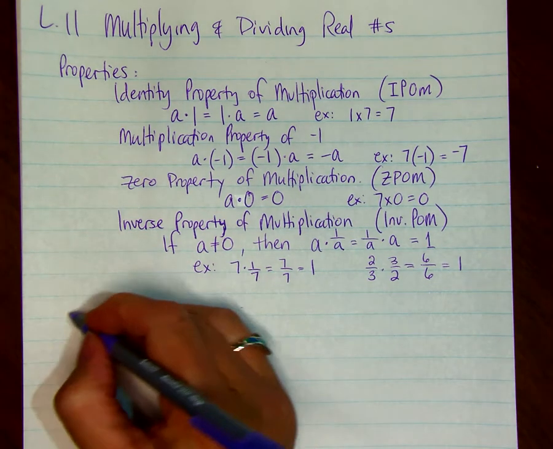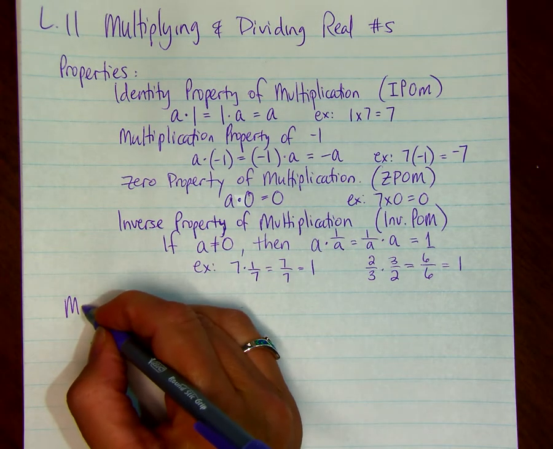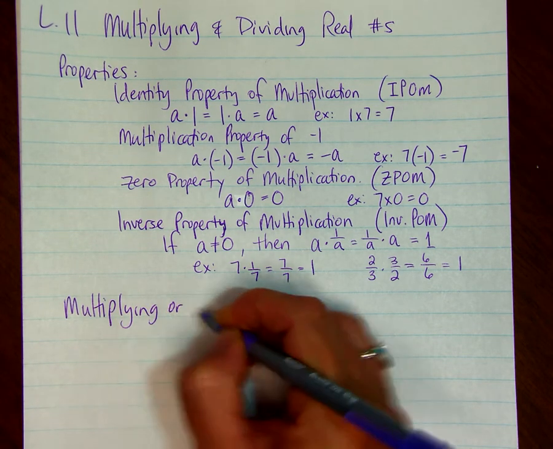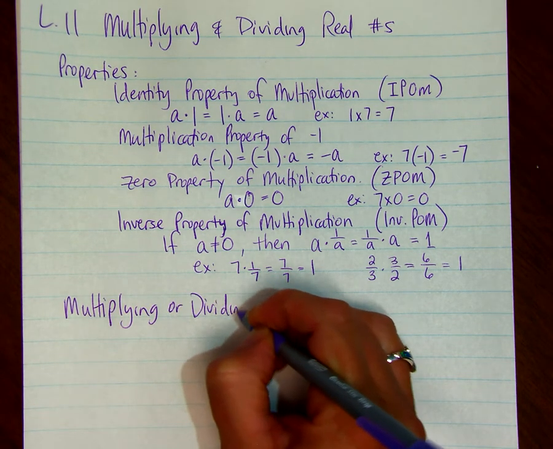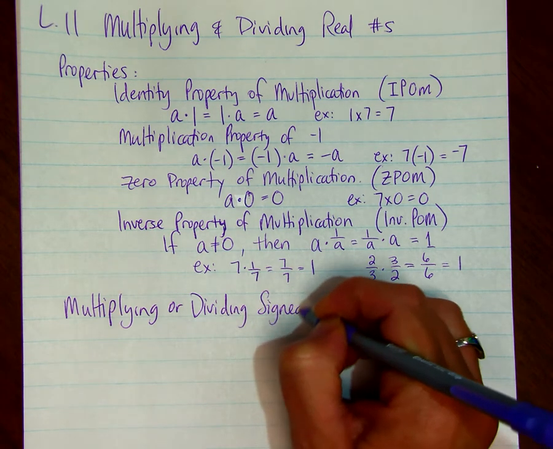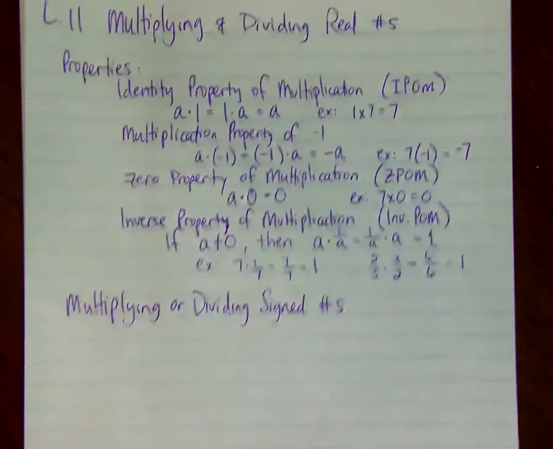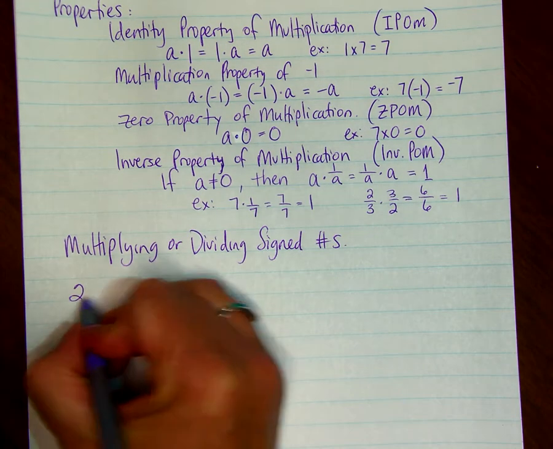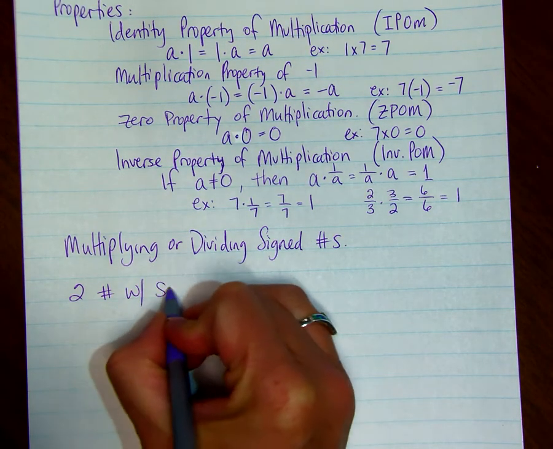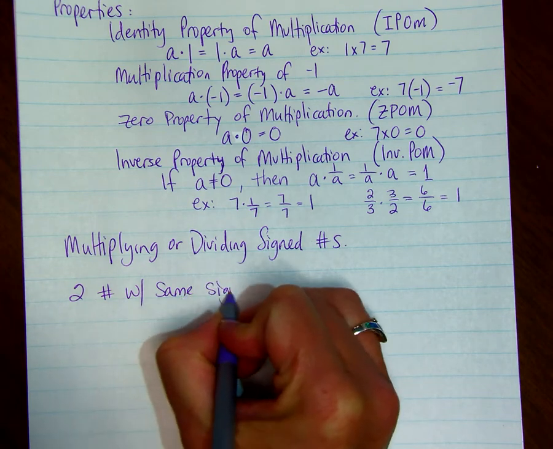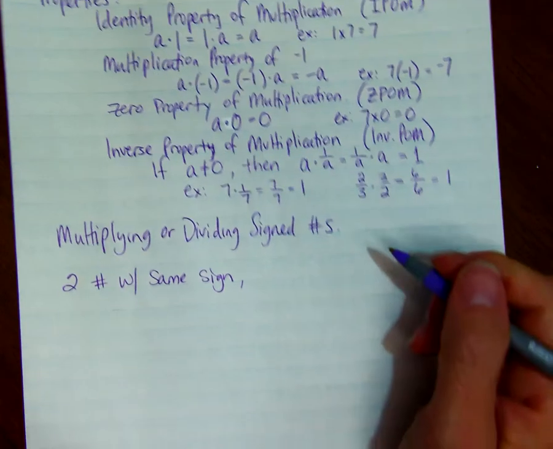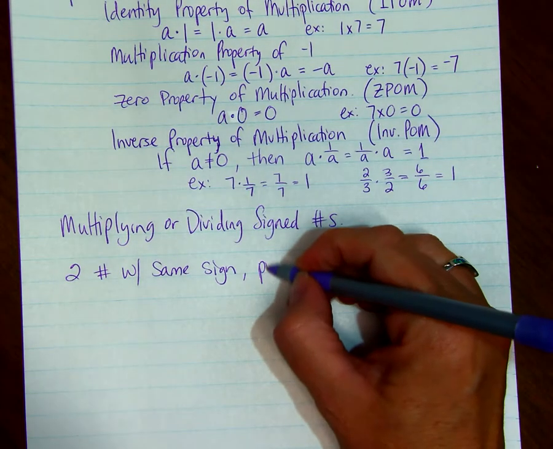Now if we're multiplying or dividing signed numbers, if the two numbers that you're multiplying or dividing have the same sign, the product or quotient is positive.